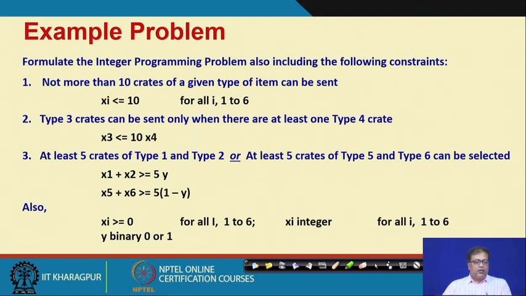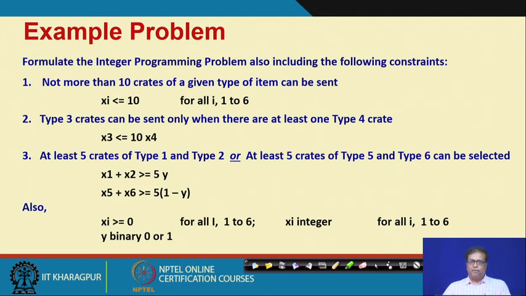The second one, look at it very carefully: type 3 crates can be sent only when there is at least one type 4 crate. Is it all right? So, it means that if there is a type 3 crate, even one, then there should be at least one type 4 crate. See, what should be the maximum value of x3?